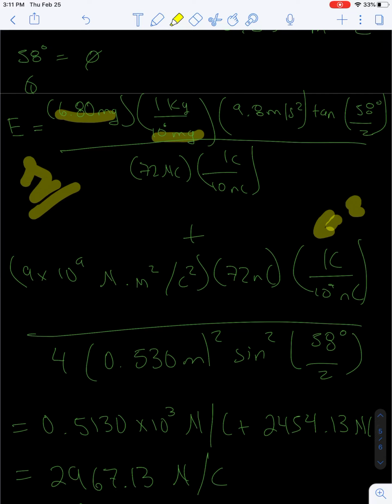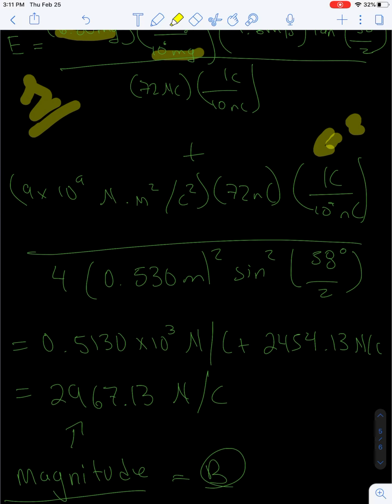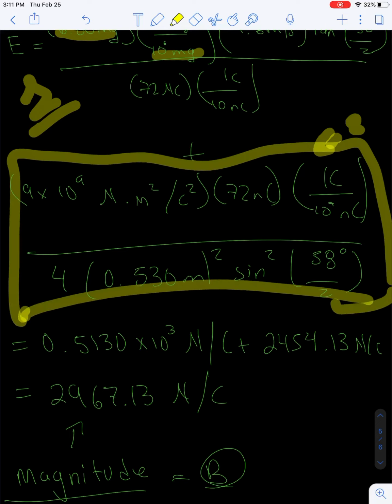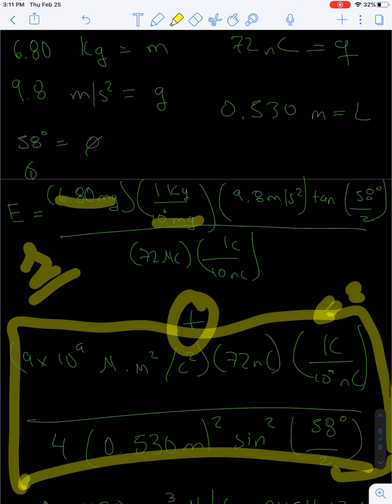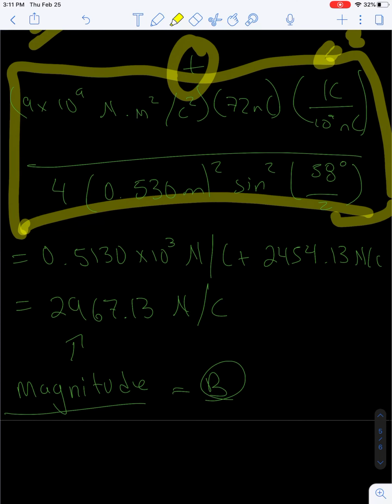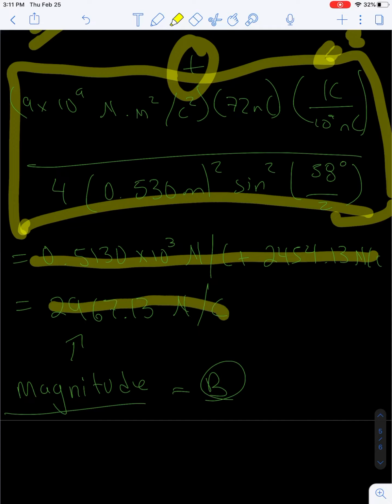I did the same thing in the second equation right over here. This brings us down to this. When we simplify this and add them to each other, we get 29.6713 N/C, which is our total magnitude.